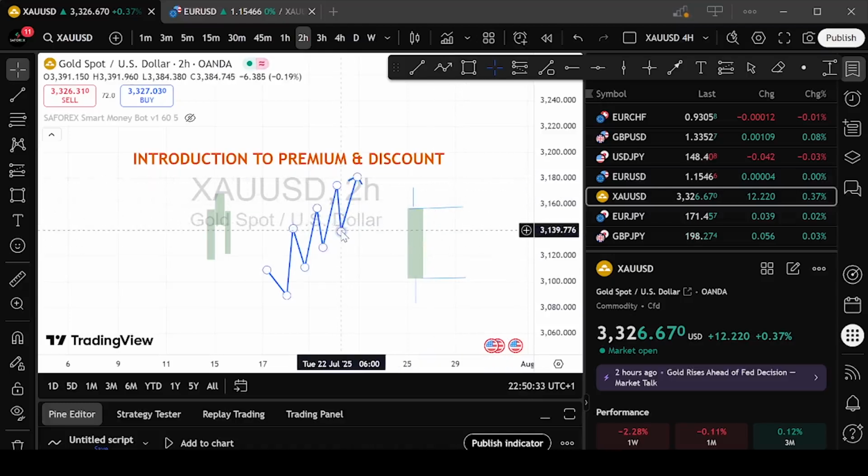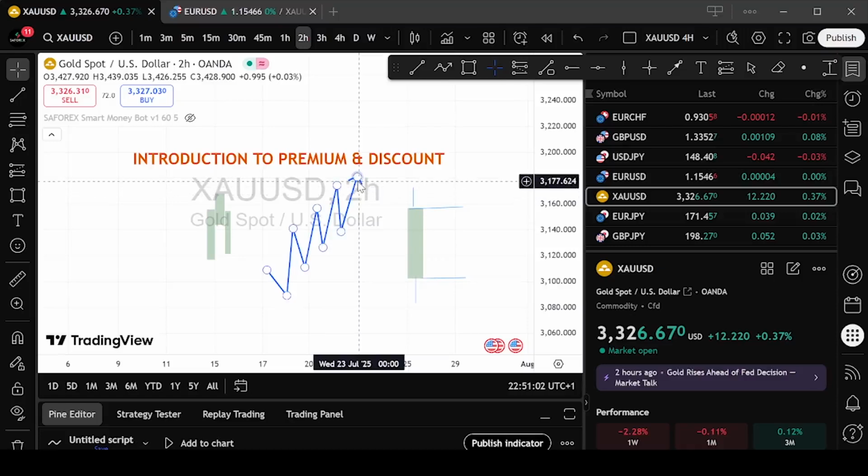The difference between this high and this low is a range, or the difference between this high, this low, and this high is also a range. Once you mark out that range, we divide it into two equal halves.